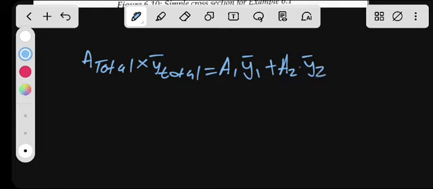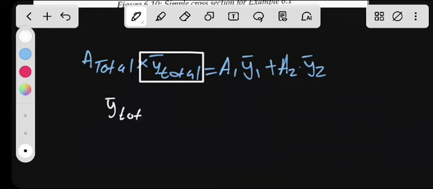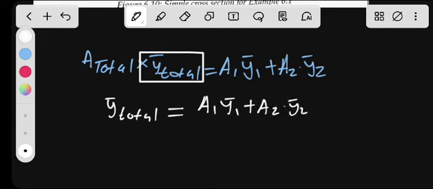If we want, we can make this the subject of the formula. Therefore y bar, the total one that we want for this object, will be area 1 multiplied by y1, plus area 2 multiplied by y2, then divide by the total area.